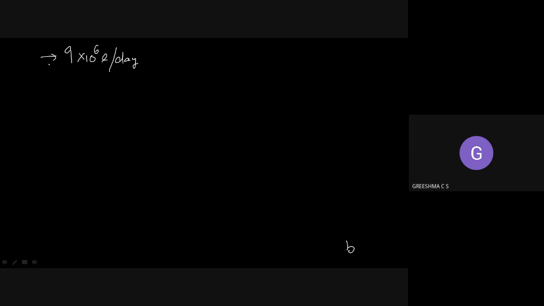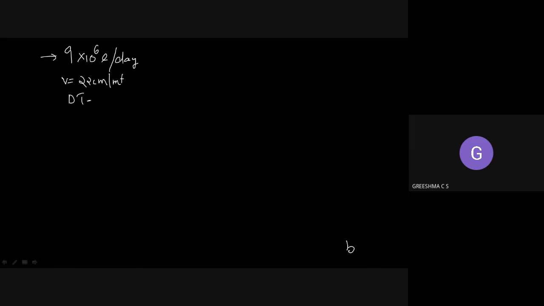You have to design a suitable sedimentation tank provided with a mechanical sludge remover. Assume a velocity of 22 centimeter per minute and a detention time of 8 hours. So we'll do the problem.